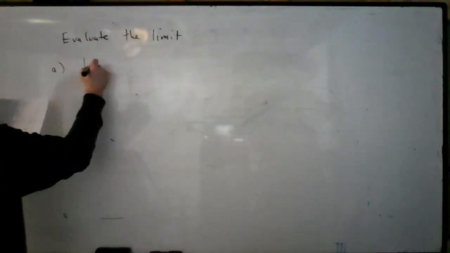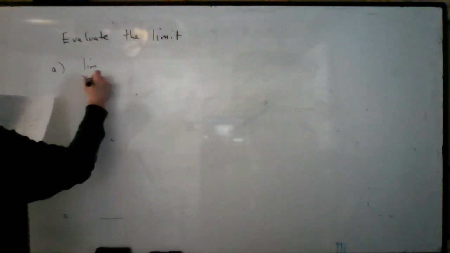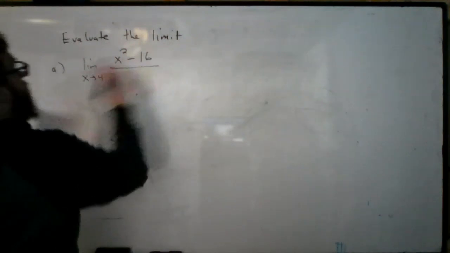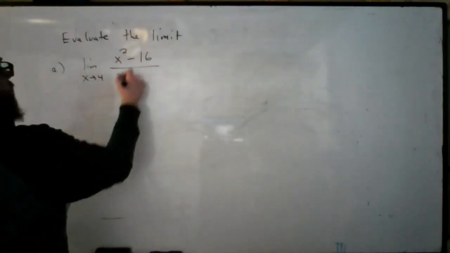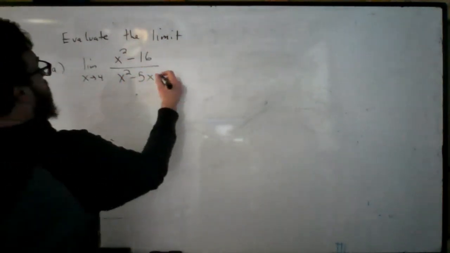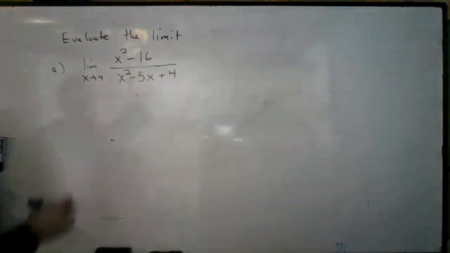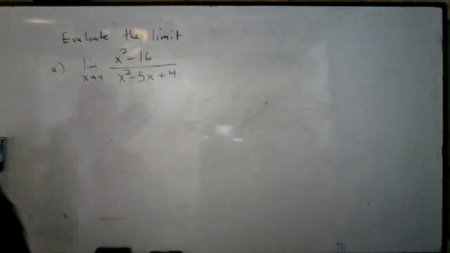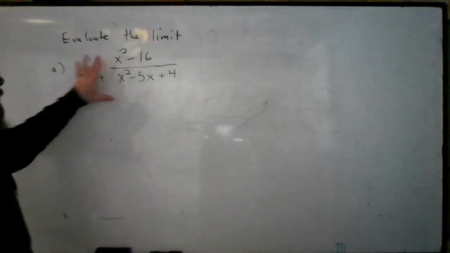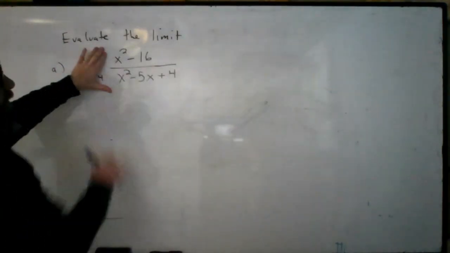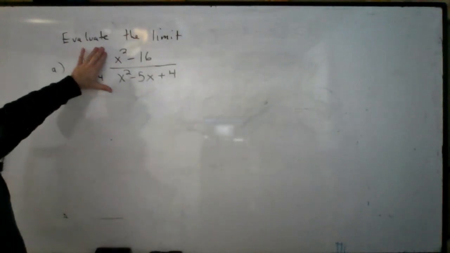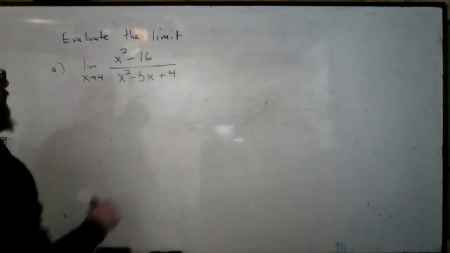The limit as x approaches 4 of x squared minus 16 over x squared minus 5x plus 4. So what we want to do is algebraically simplify this new f of x, and it tends to be done by factoring for the first part, and then we'll show you the other methods as well.